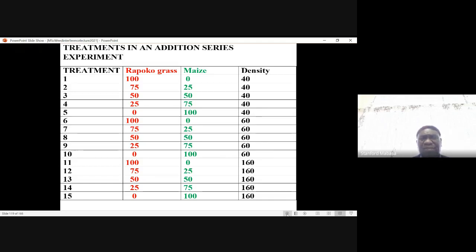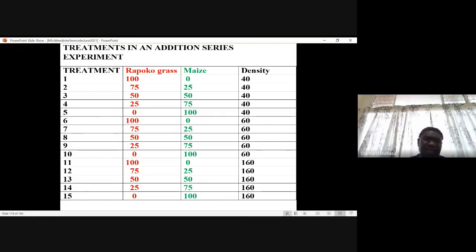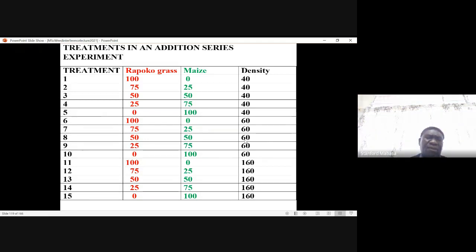We are already familiar with the replacement series experiment, which employs proportions. We can use the example of Rapoko grass and maize proportions.